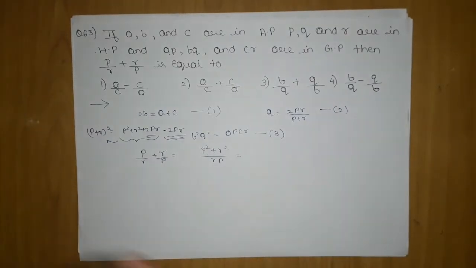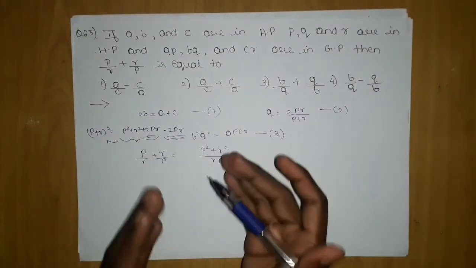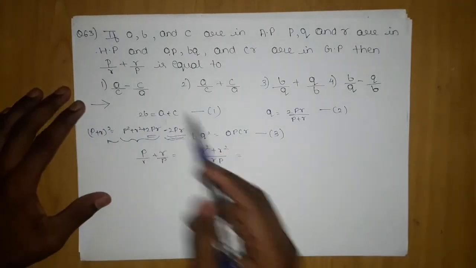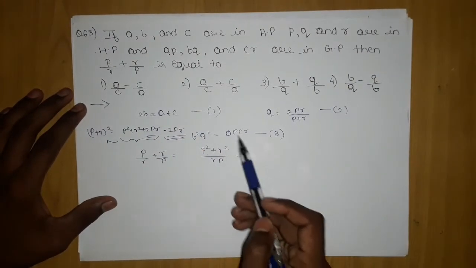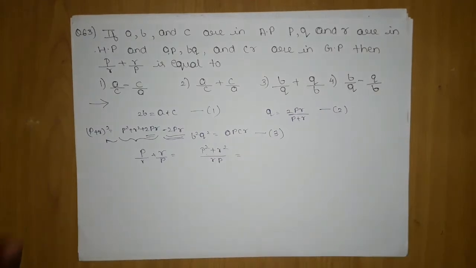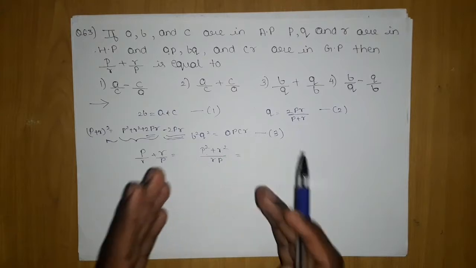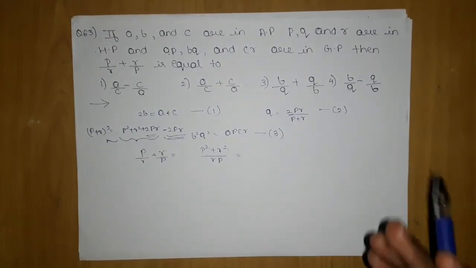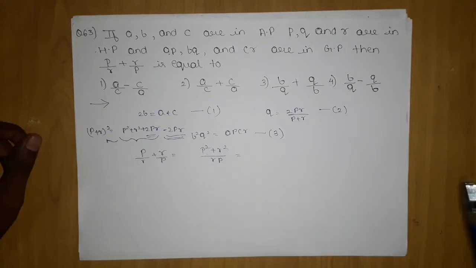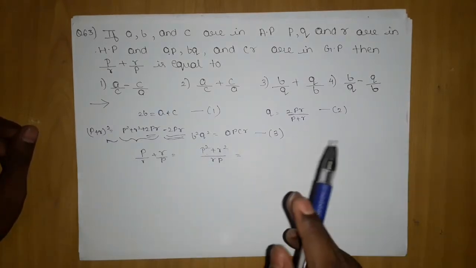Here we are stuck, but we have the RP value, from here and here. Which one to use is decided by what the perfect square gives me. The reason for making a perfect square is that I have the p plus r value, not the p square plus r square value.